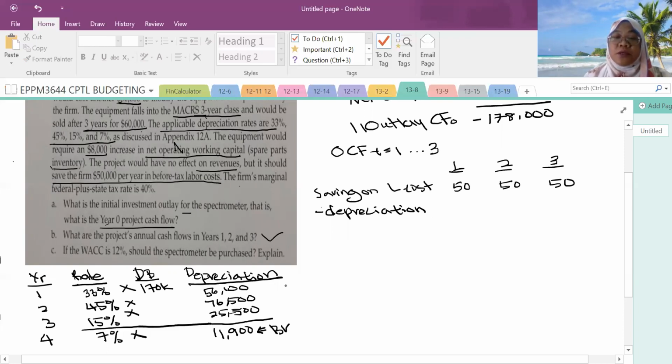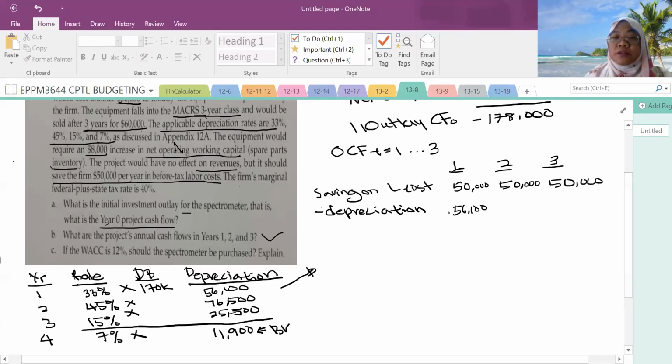Now we have this value. Let's transfer to our entries. We'll have 56,100 here. For saving it is only 50,000.